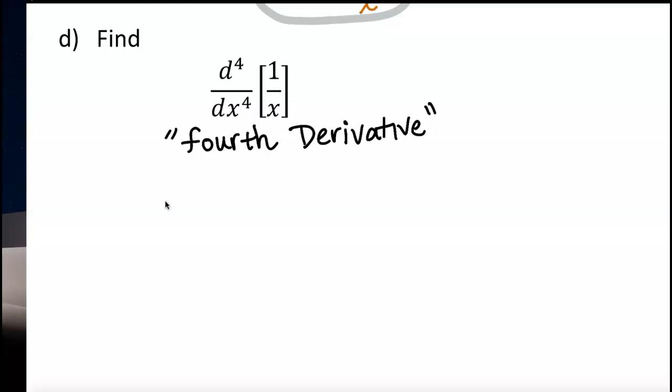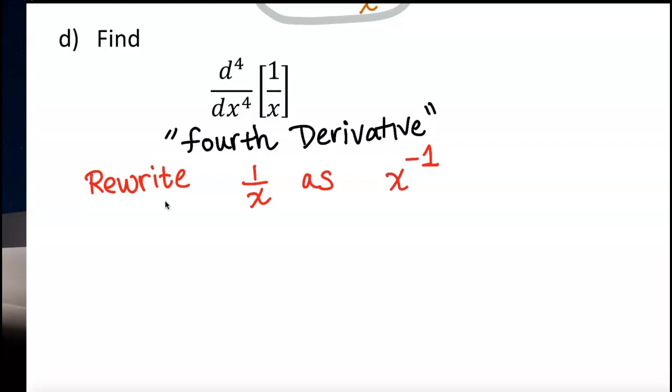But let me first rewrite 1 over x as x to the negative first power. They're the same thing, right? So I'm going to take the fourth derivative of this expression.